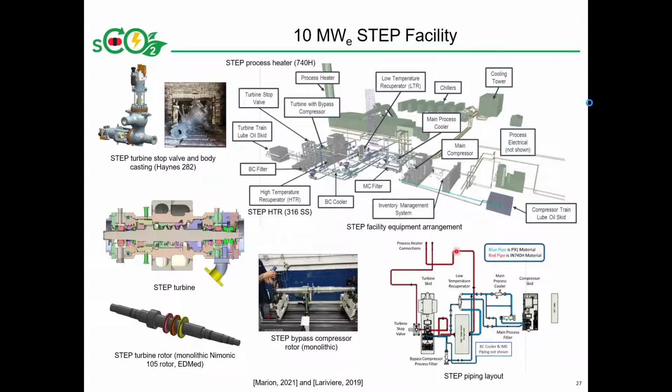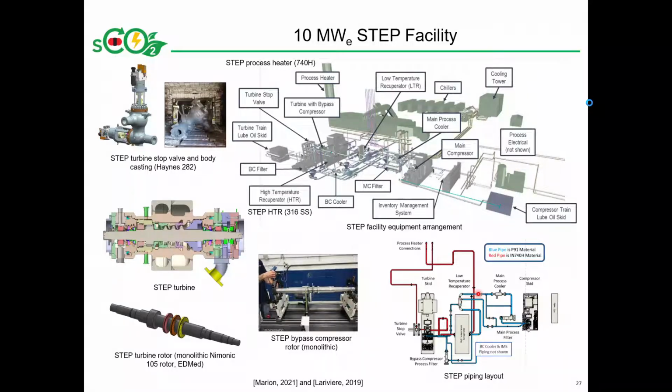In red, we have pipes that are made out of the Inconel 740H material that was developed as part of the AUSC program. And then we have blue pipes in the colder section of the cycle that are a more standard P91 material.